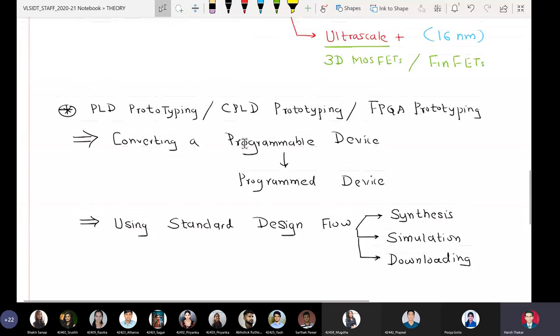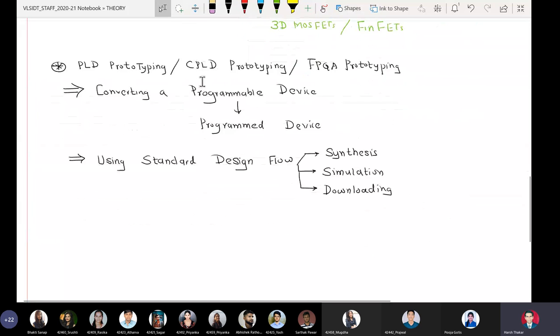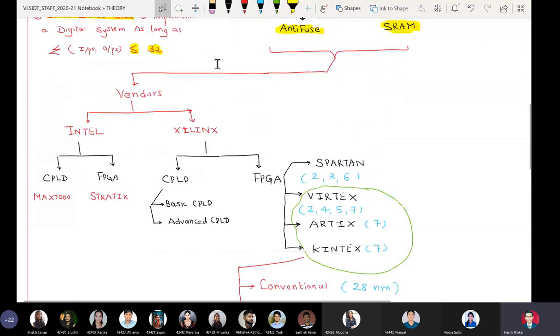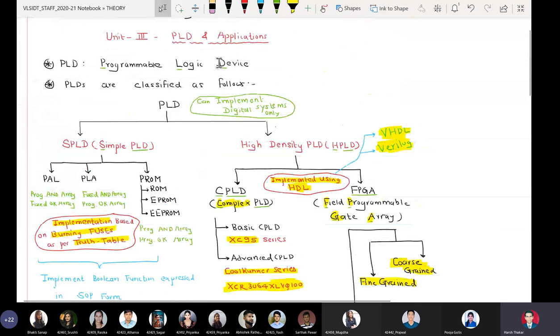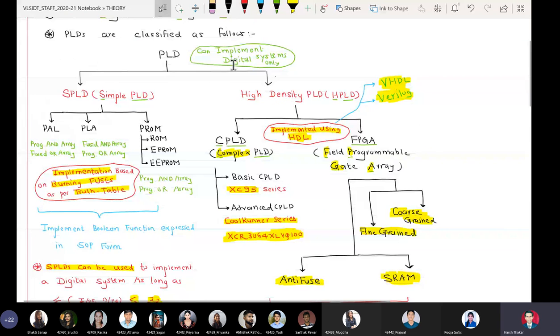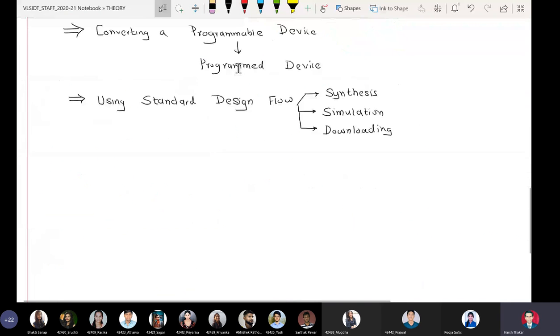Fine. One important question which is usually asked during Viva is about FPGA and ASIC. Basically, although so many things are there, we are only interested in FPGAs because that is the device which we are going to use in the lab.